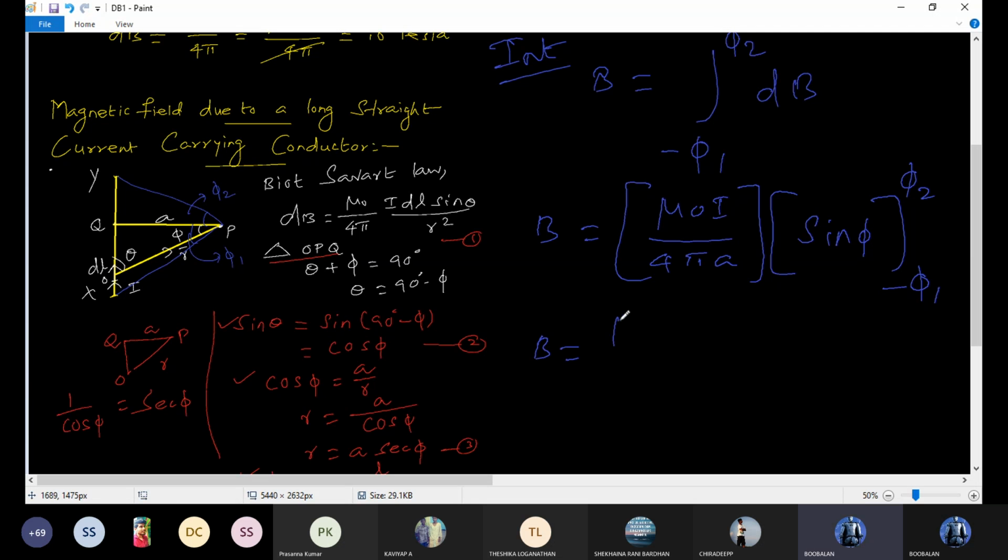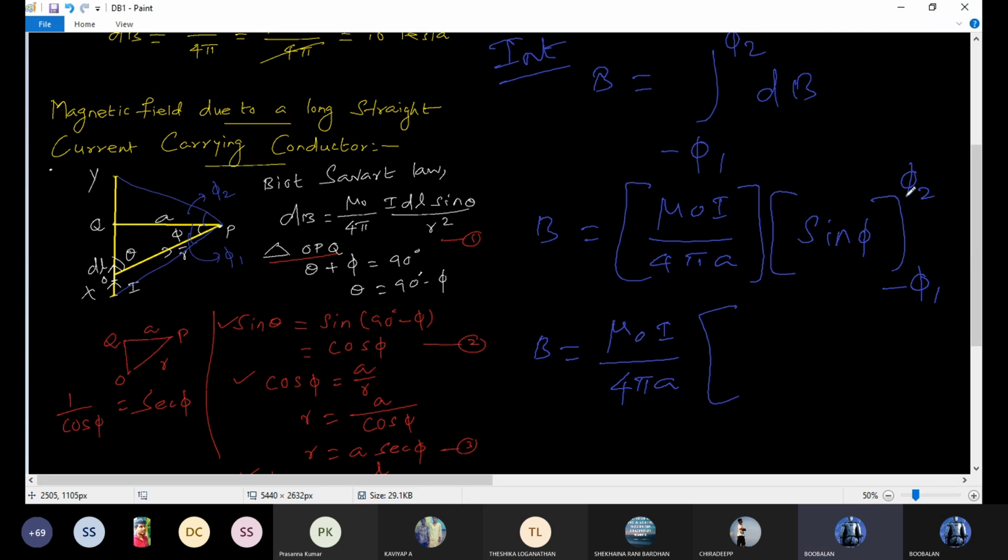B equal to mu naught. Now listen, this is not an m, this is mu. Mu naught I divided by 4 pi A, upper limit minus lower limit.